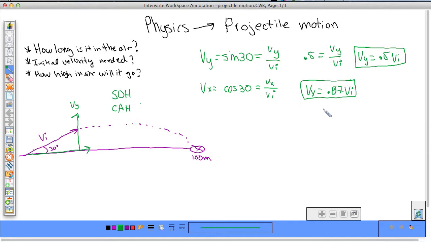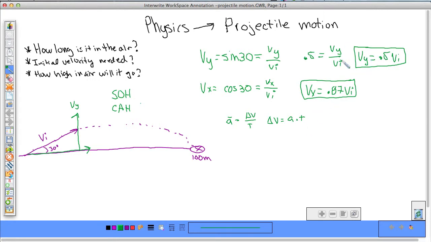All right, what do we do next? Let's take a look at this. Average acceleration or a constant acceleration is going to equal a change in velocity over time. So that means that the change in velocity equals acceleration times time.